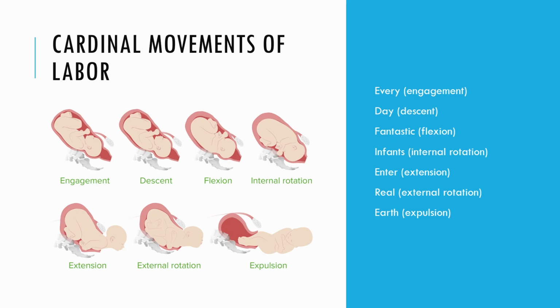And then the baby does an external rotation, so it turns so that its shoulders are now lined up and downwards with mom, and then expulsion means it's born. So you're going to want to know these 7 different movements and what they each mean. There's a little mnemonic here: Every day, fantastic infants enter real earth. That's one way to remember the order that these go in.